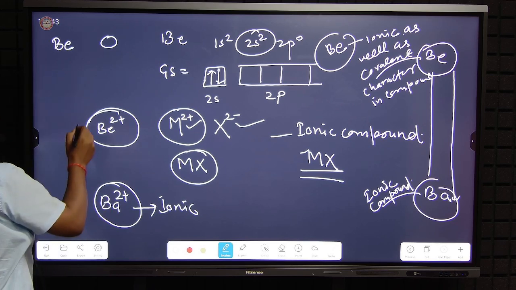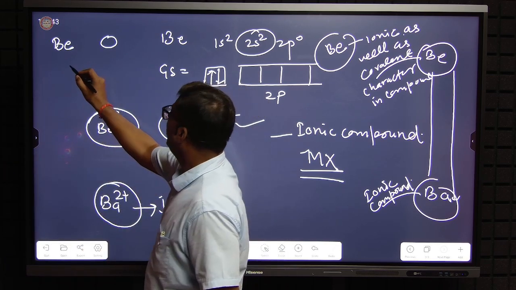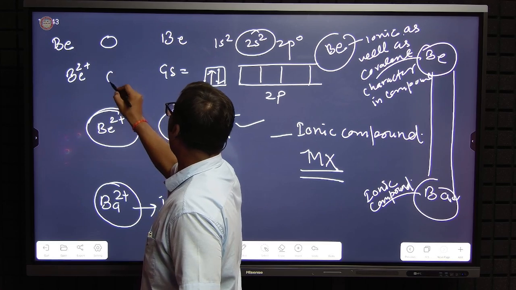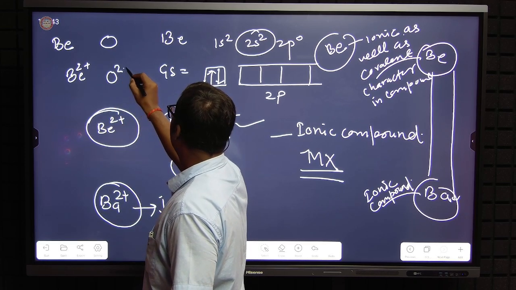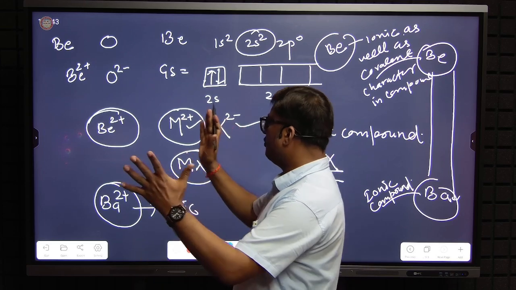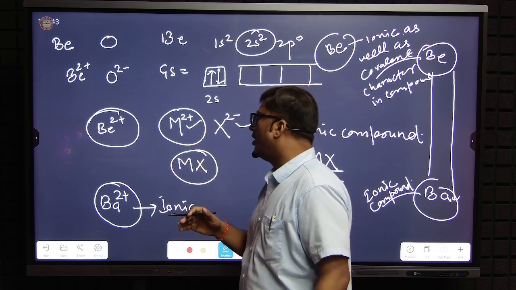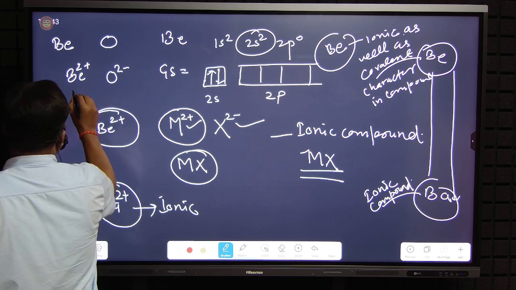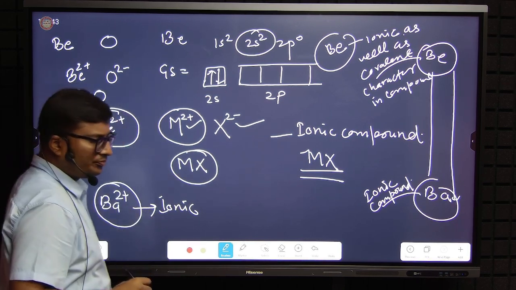So, in the ionic form, you know that beryllium is beryllium 2 plus and oxygen, so that is oxide, 2 negative charge. So, 2 positive charge and 2 negative charge electrostatically interact to each other to form compounds like beryllium oxide, BeO.